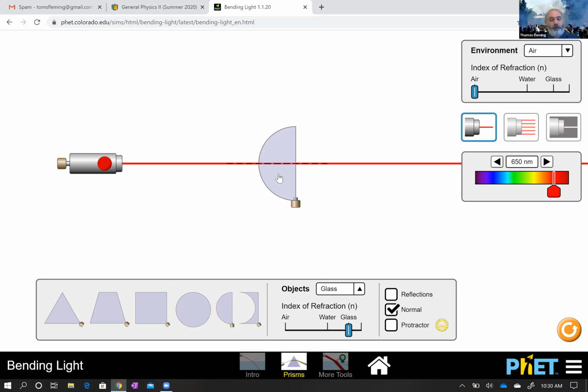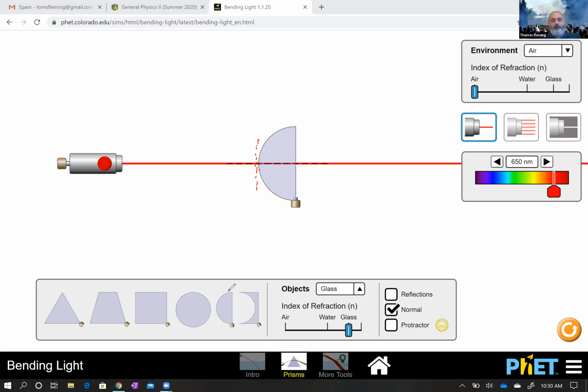The way you do the normal for a curve is that you imagine a tangent line at any given point. So at this point right here, my tangent line would be right there. And so the normal is perpendicular to that tangent line. So here, the light goes undeflected.